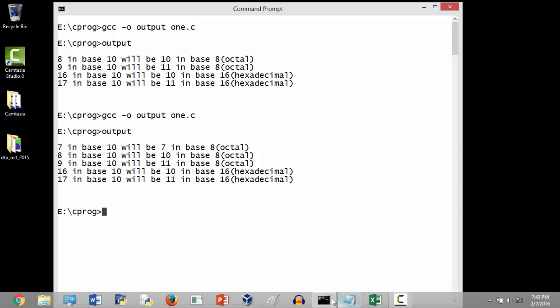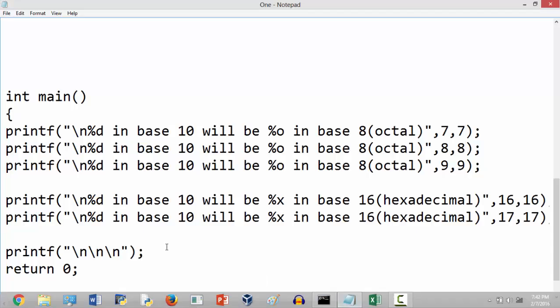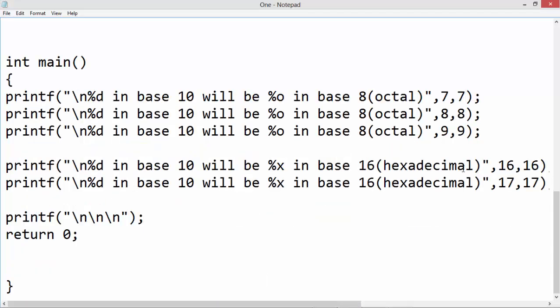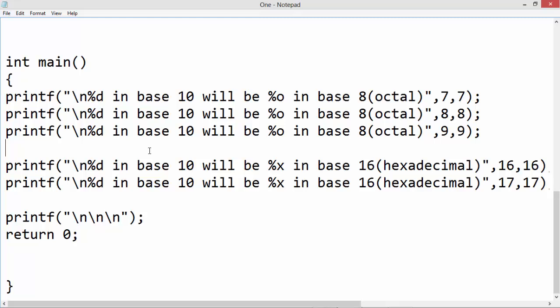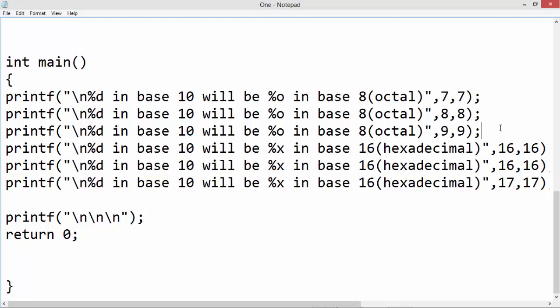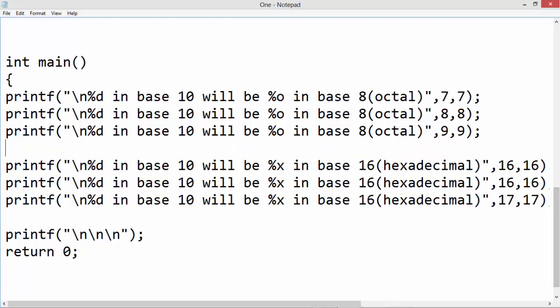Similarly, let us look at hexadecimal. Up till 15 it has given, right? So let me increase it to 10 now, and see what is displayed.